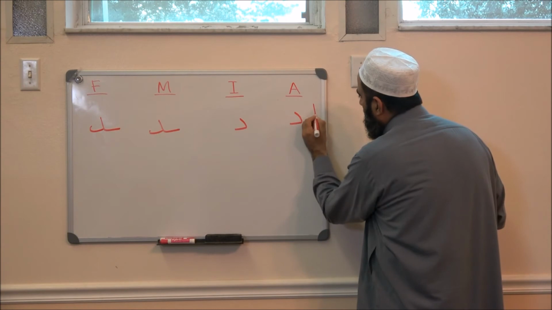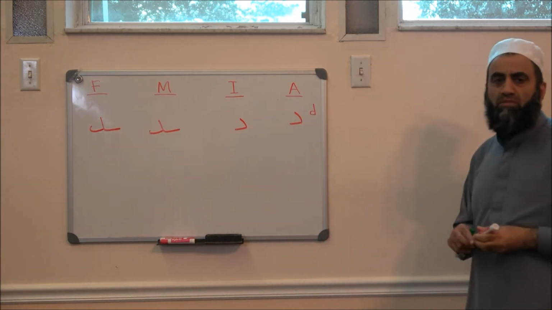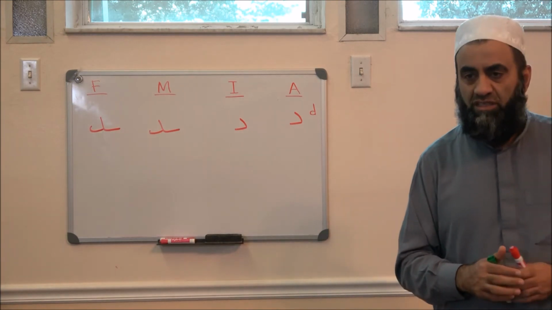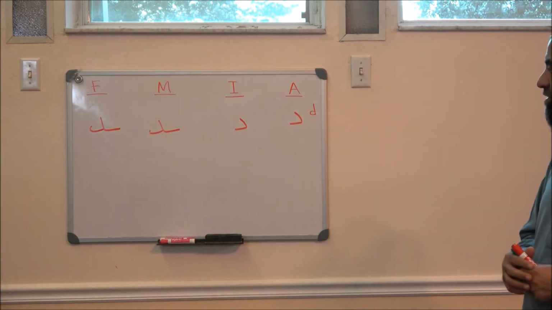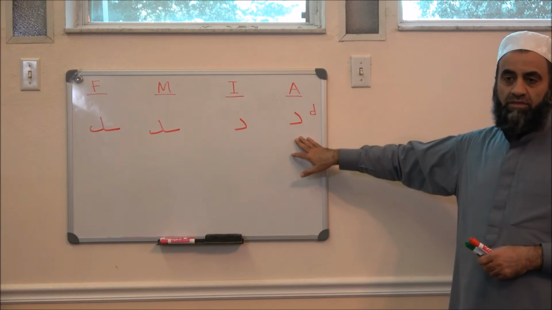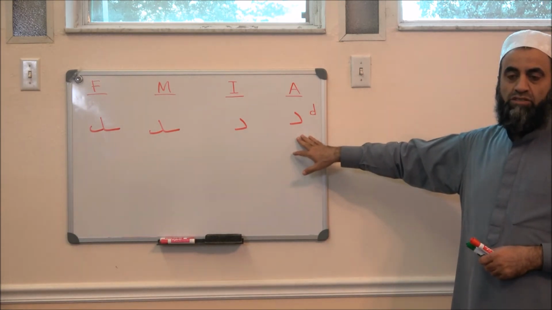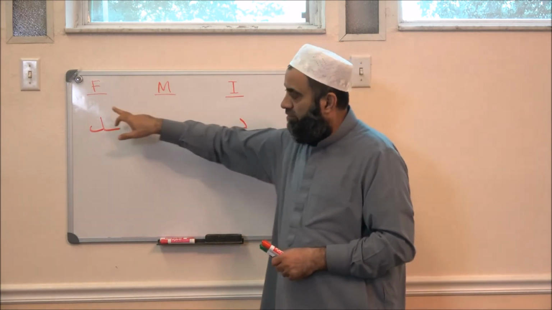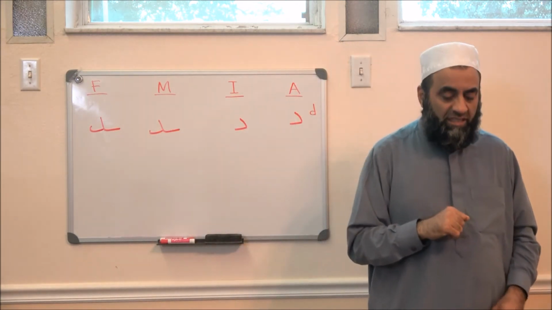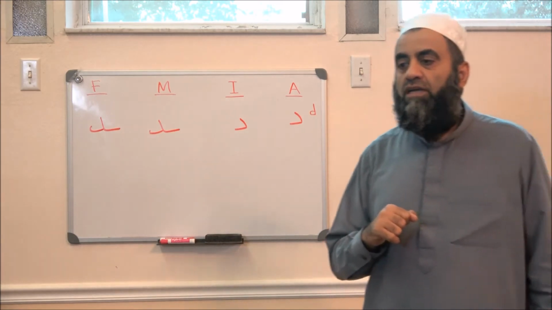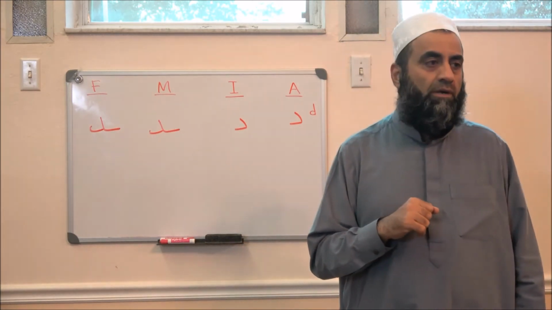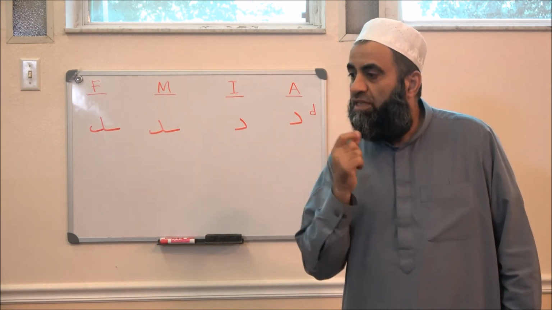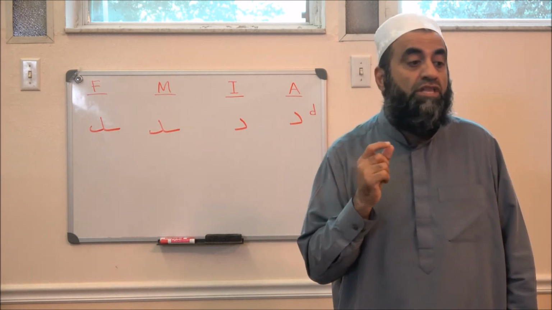I'm just going to write a small d next to it to remind you that more or less it sounds like the D sound in English. D. The sister of this letter is formed by putting a dot on the top. And the sound is like the TH in the word, I would say, like that book, that vibration.